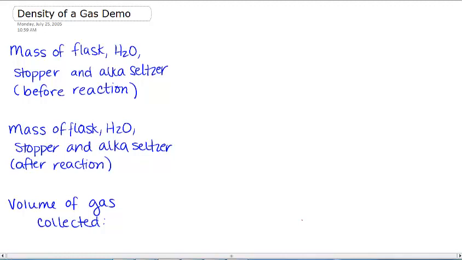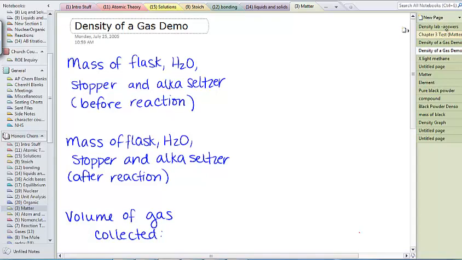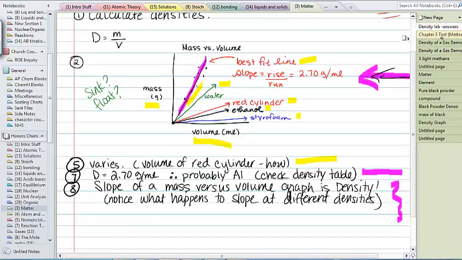You had to put it on the graph, but you were able to put it on the graph because you knew its density. Same with the styrofoam sphere. You calculated the density, and this is exaggerated, but your point would have been way out here somewhere. If you can figure out the density, you could have picked a volume here and figured out what the mass would have been, and then drawn a line.